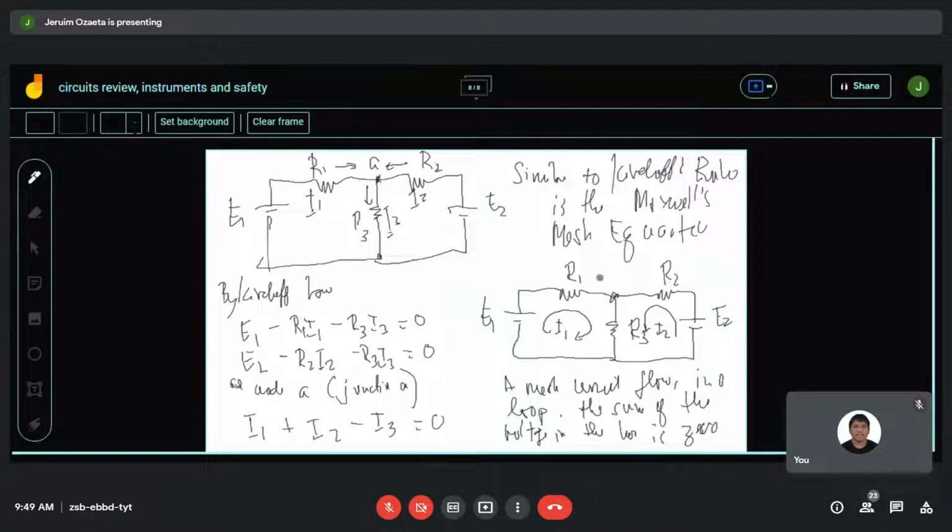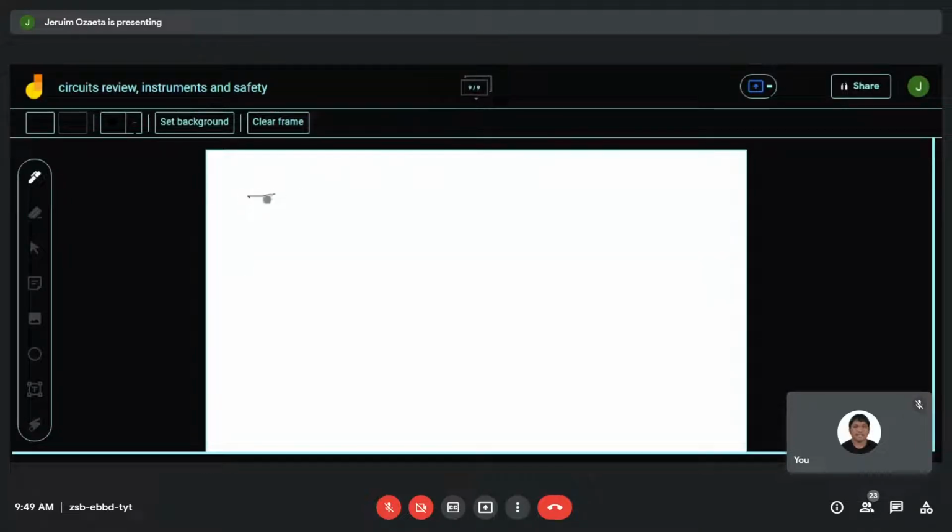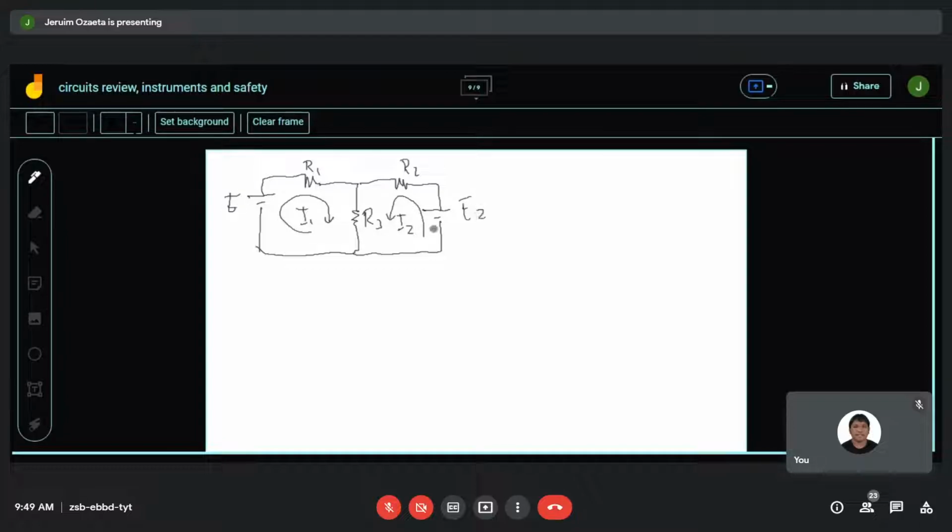So let's see what the Maxwell mesh equation can result in here. R sub 1. So mesh 1 with current I sub 1, mesh 2 with current I sub 2.